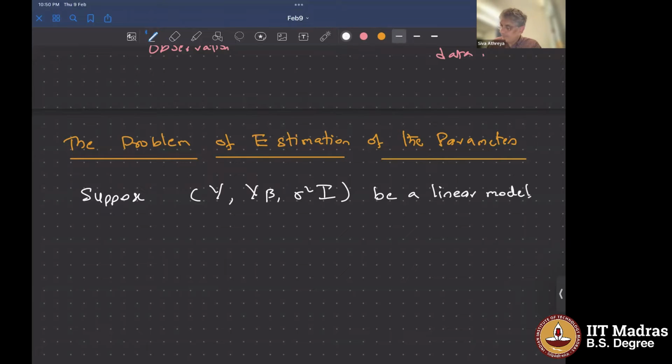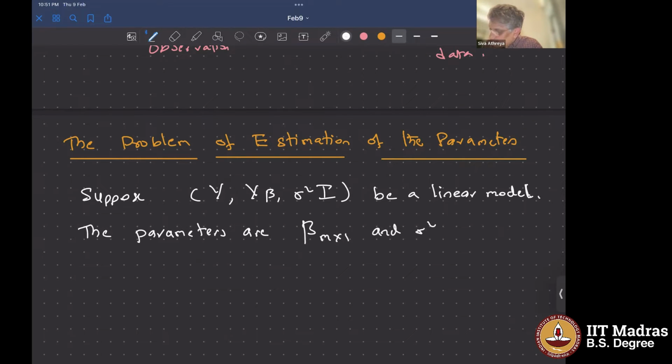The parameters are a beta, an m cross 1 vector, and sigma squared.